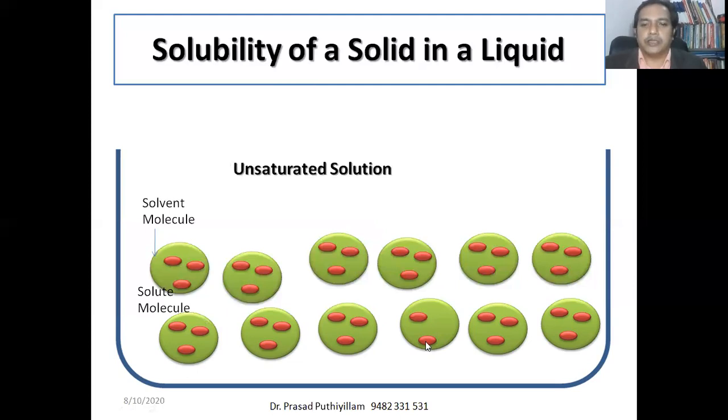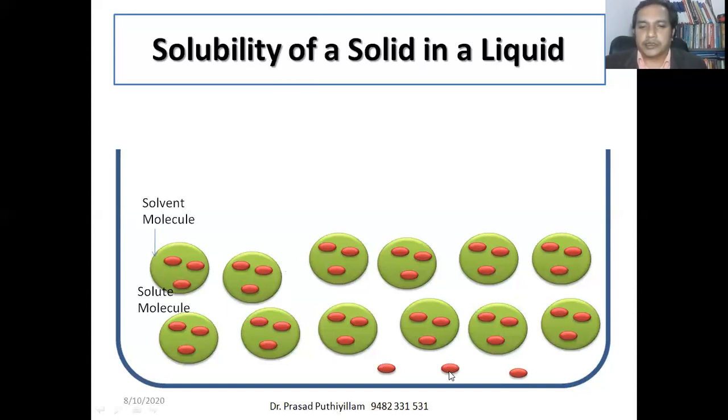Say, if I add one more solute particle to that, now it becomes saturated. Now this is a saturated case. Upon adding another solute particle, it will not undergo dissolution. It cannot interact with the solvent molecules because the maximum possible interaction is already done.